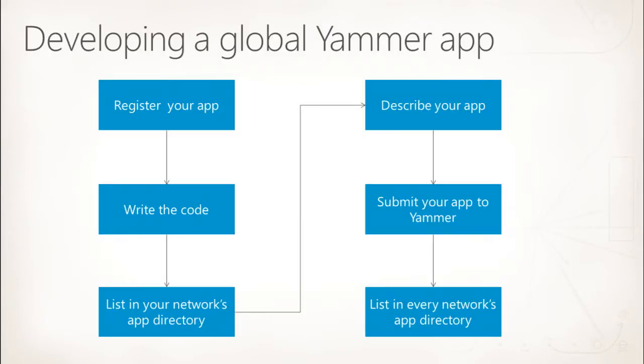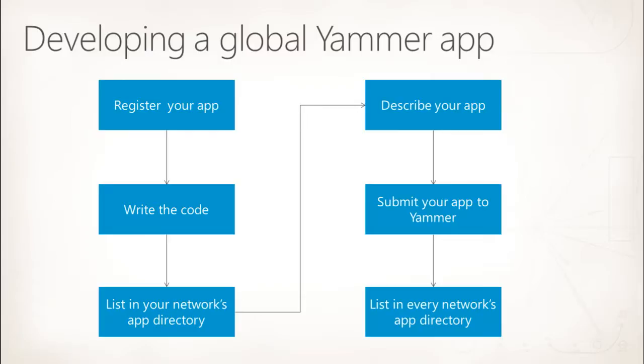But if you are developing an app, like probably most of you are, that you want multiple users in different networks to be able to install, discover, interact with and learn about in Yammer, then you need it to be a global app. That is an approval process that you go through with us.